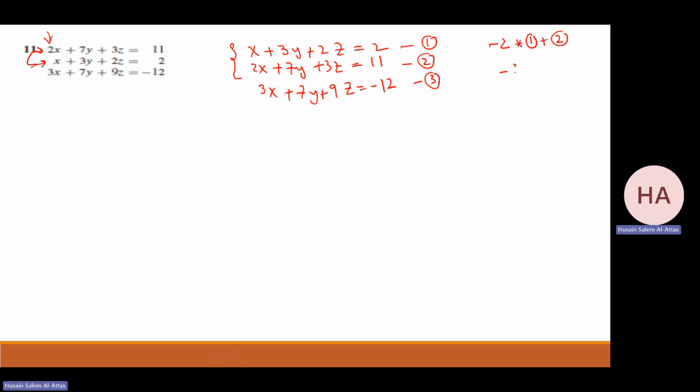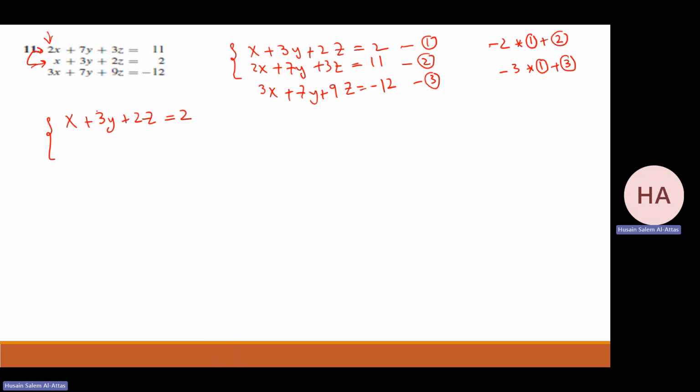And minus 3 times the first equation, and I add it to the third equation. Let us see what will happen. So the first equation will not be changed. There is no change for the first equation. It will be the same.